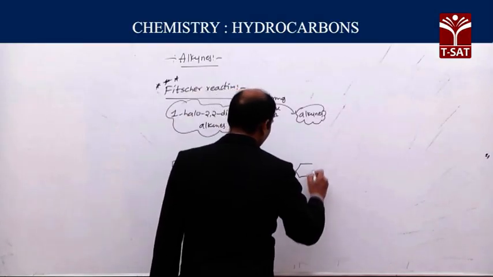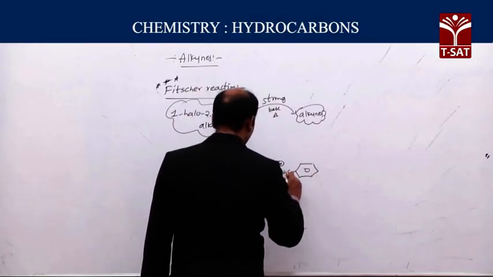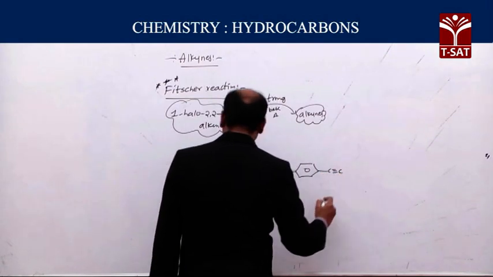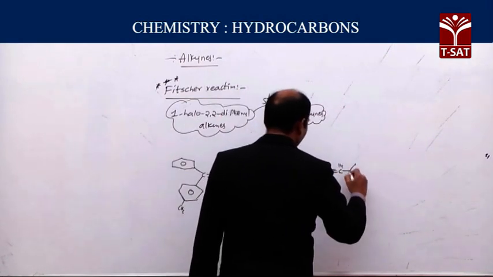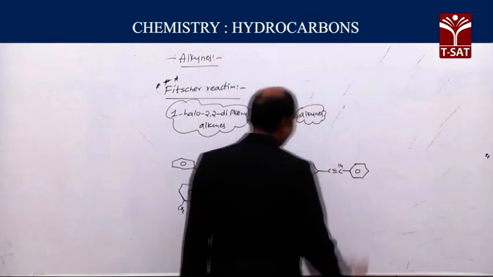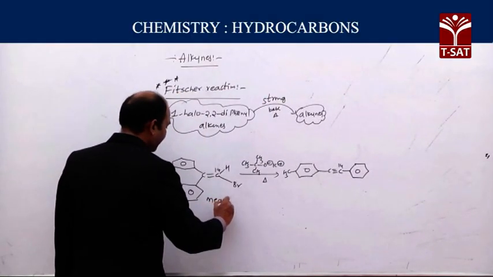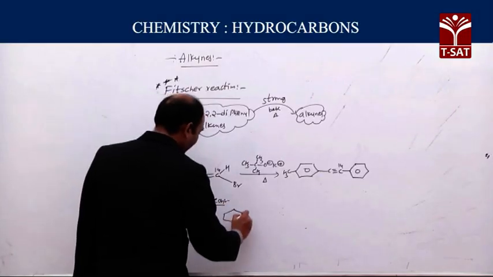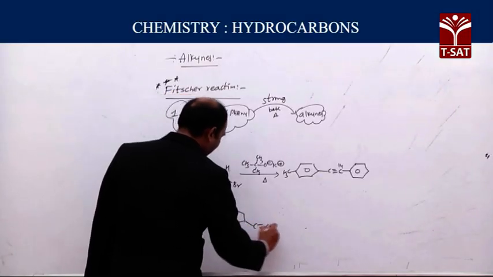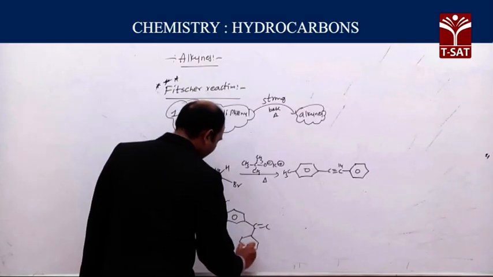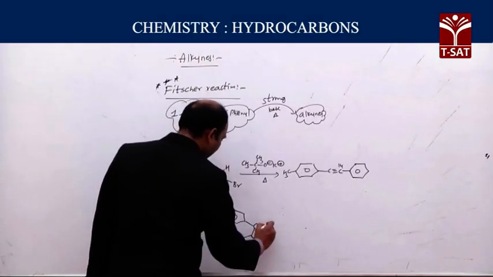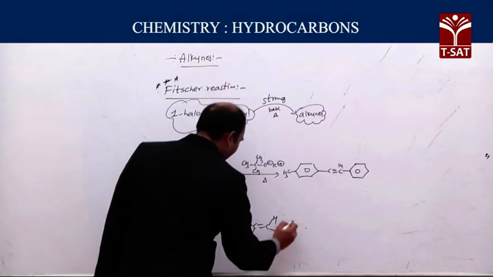The compound is this: CH3, C triple bond C, this is C14, and this is C6H5. Now see the mechanism. This is C6H5, C double bond C, this is C6H5, here at the para position CH3, this is H, this is Br.